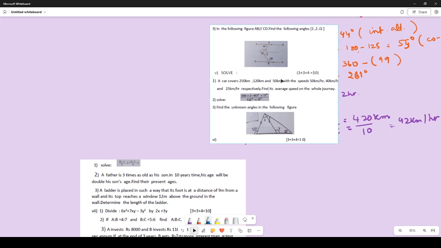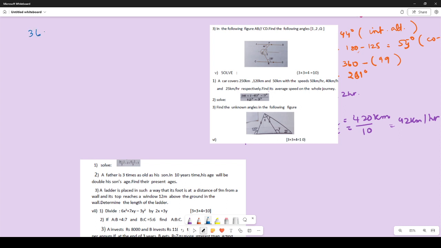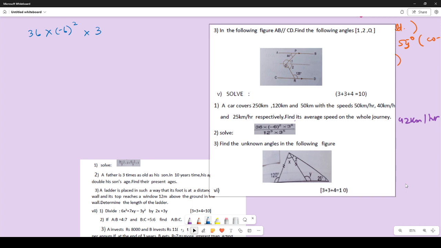So 36 into (minus 6) whole square into 3 to the power, what was it? 6, I guess. Let me just expand it a bit so that I can see it clearly.